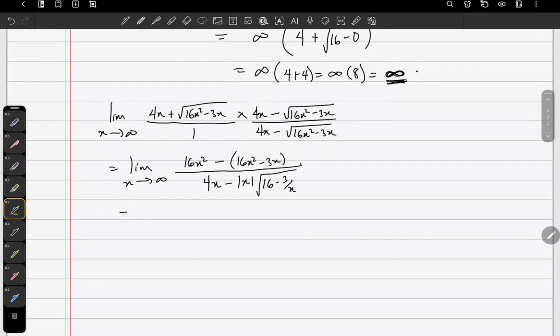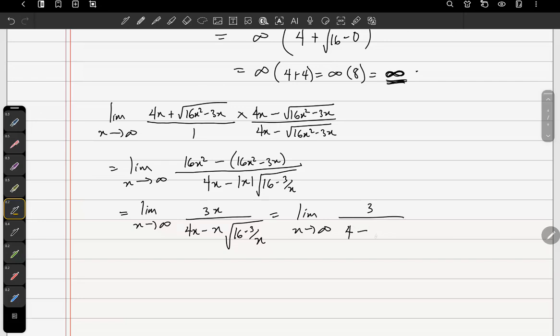And this is going to give us the limit as x goes to infinity of 3x over 4x minus x square root of 16. We have done this over and over again in this video. And this is equal to the limit as x goes to infinity of 3 over 4 minus the square root of 16 minus 3 over x.